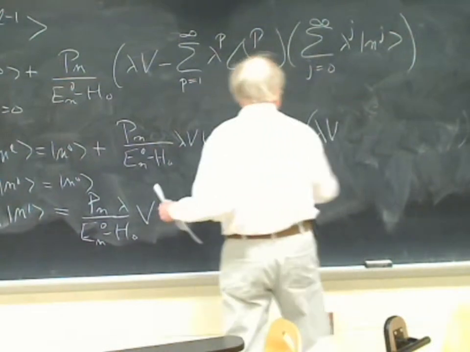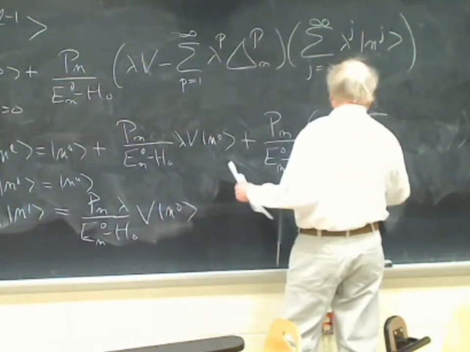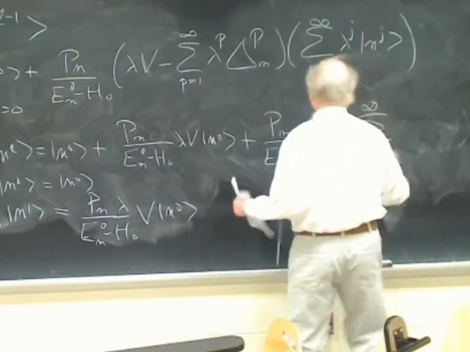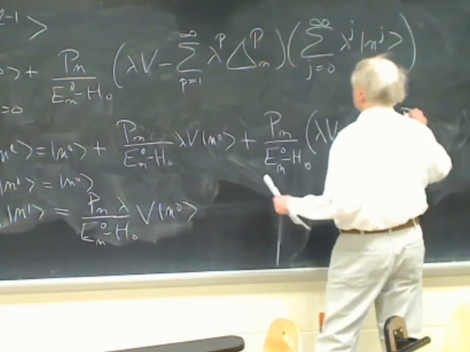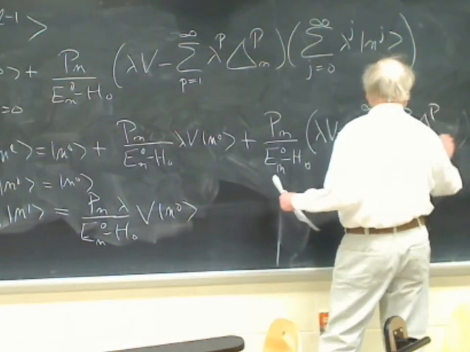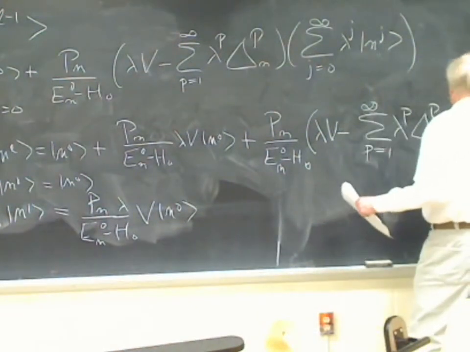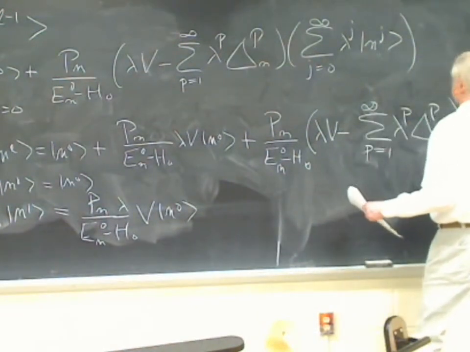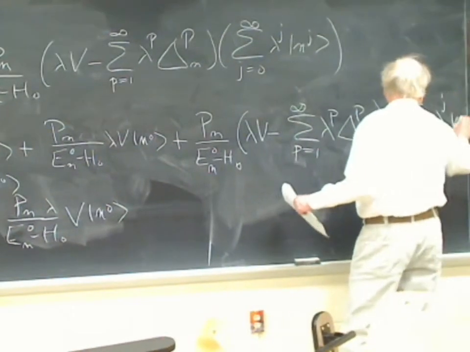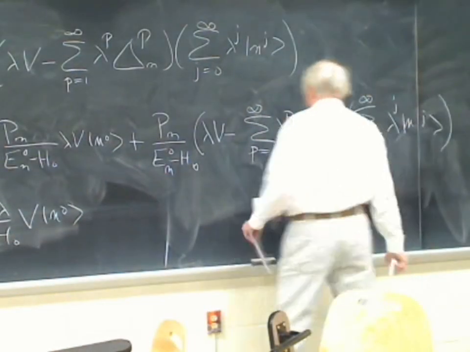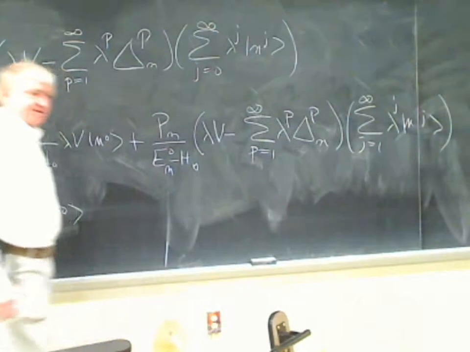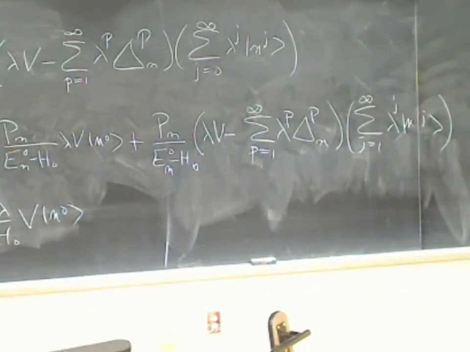It's lambda V minus this sum, P equals 1 to infinity, lambda to the P, delta P n, times the sum, now J equals 1 to infinity, lambda J n J. Okay, guys, you're not paying any more attention than I am, so the 6 of us have to shape up here.